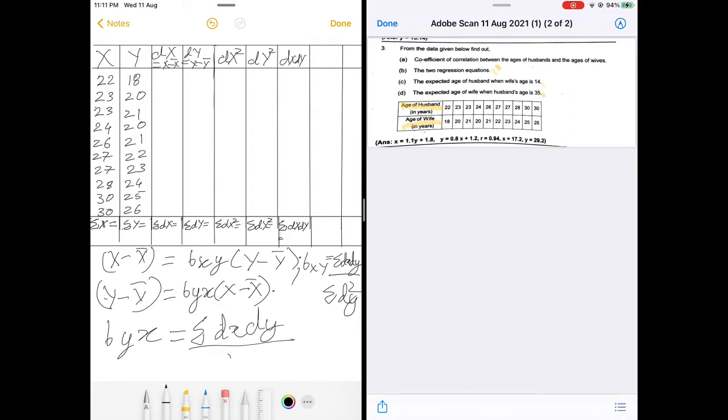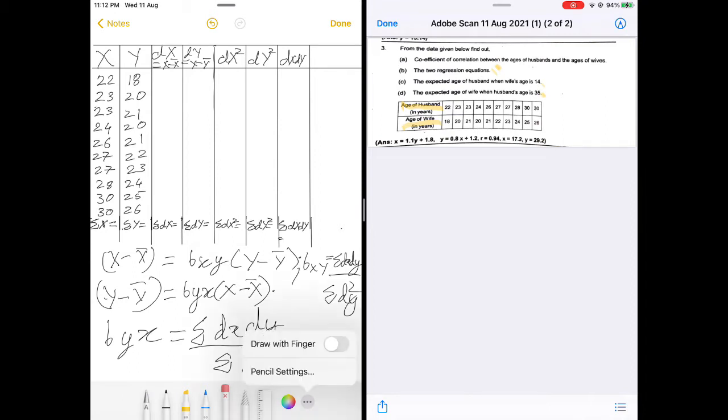Now once we have found these values, we can solve all the four problems on the right hand side in the question.